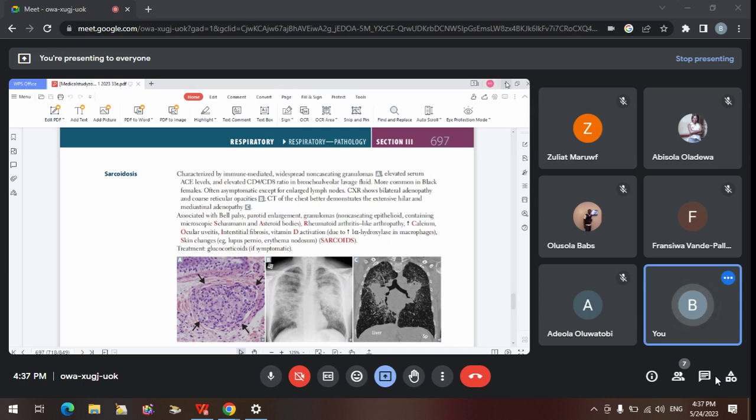So they can have a lower motor neuron lesion affecting the facial nerve. So facial drooping, loss of nasolabial fold in that area, just facial paralysis. Bell's palsy. They can have uveitis, they can have joint problems, just like SLE.